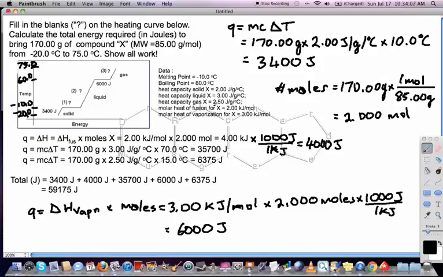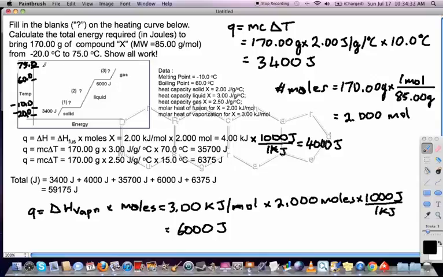The heat capacity is the heat capacity of the gas, which is 2.50 joules per gram per degree Celsius. And then the temperature change is from the boiling point up to the end point of the problem, which is 60.0 up to 75.0, and that's going to be 15.0 degrees Celsius. And that gives us a grand total for that part of 6375 joules.